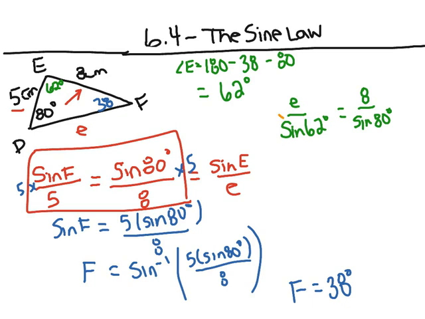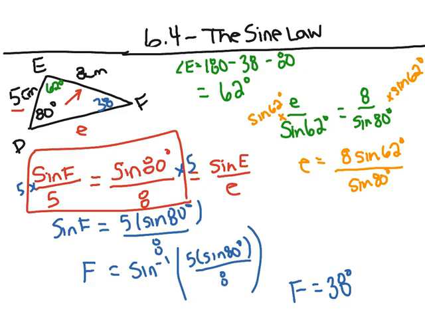We're going to multiply both sides by sine 62. So e is equal to 8 sine 62 divided by sine 80. And when you multiply that out, you should get 7.2 centimeters.